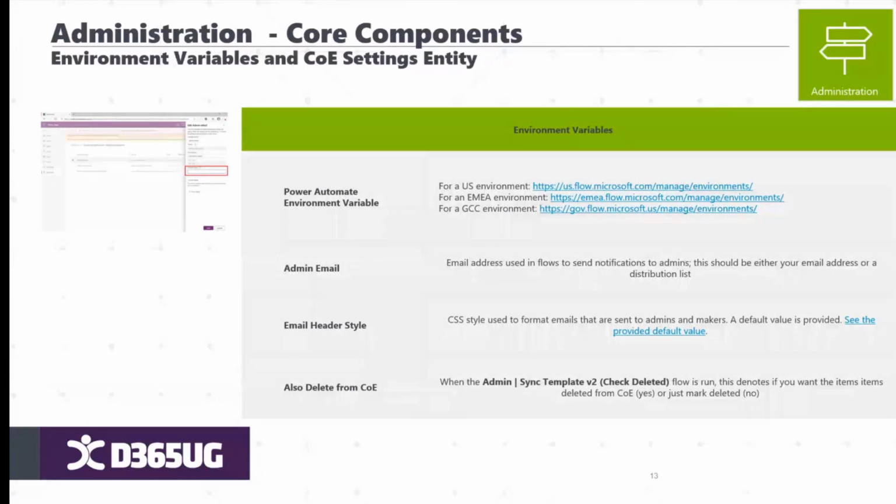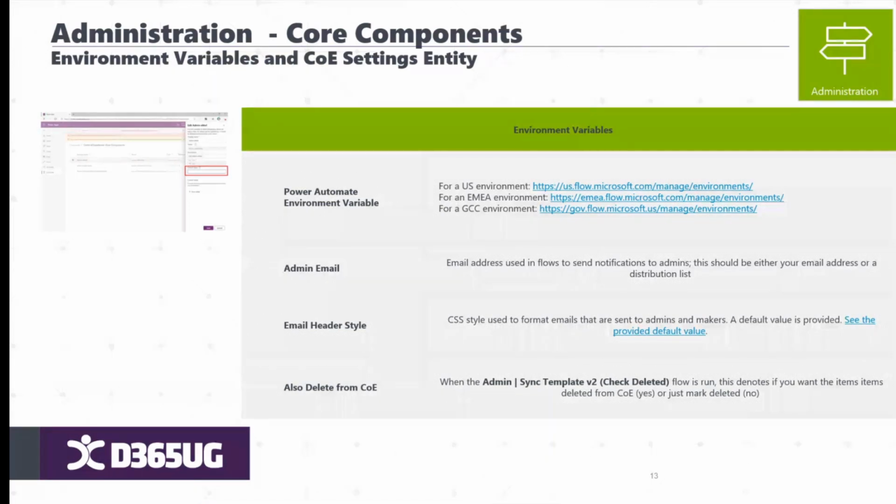These are the two places where you have to put some of the system parameters, if you like. One important point to note here is that the environment variable concept was new when the COE settings entity was created. So I envision that all the COE settings entity parameters will eventually move to the environment variables at some point, maybe.